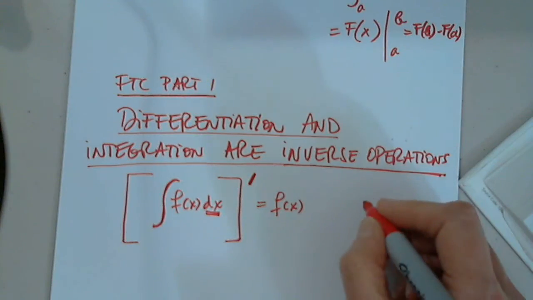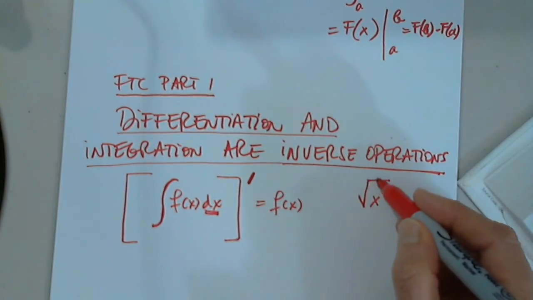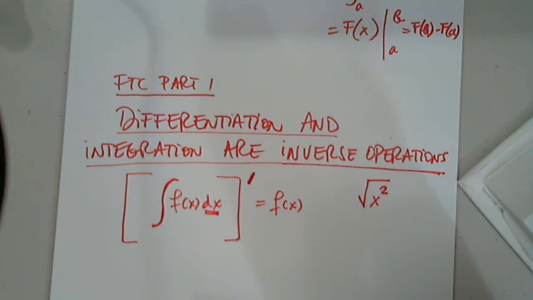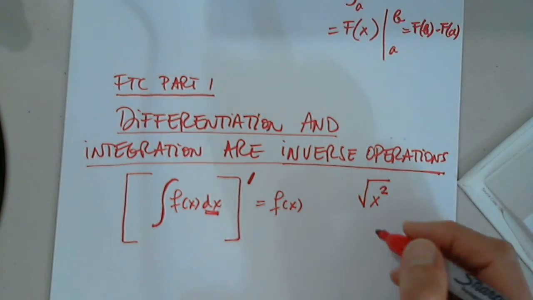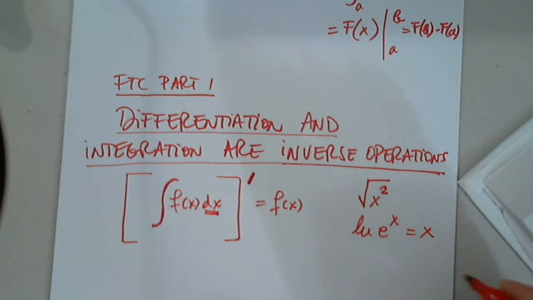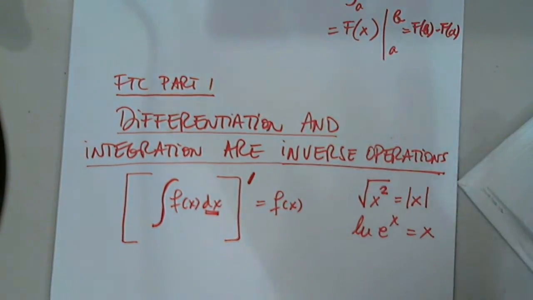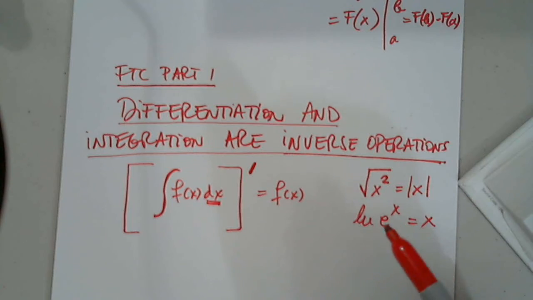It's like, for example, taking the square root of x squared. The square root and squared are inverse operations. It's like applying a natural log to e to the x. I just get x. Here it's a little bit iffy, I get the absolute value, a little bit different. But when I apply a log to an exponential with the same base, then I get just x, or the function of x up here, it doesn't matter.